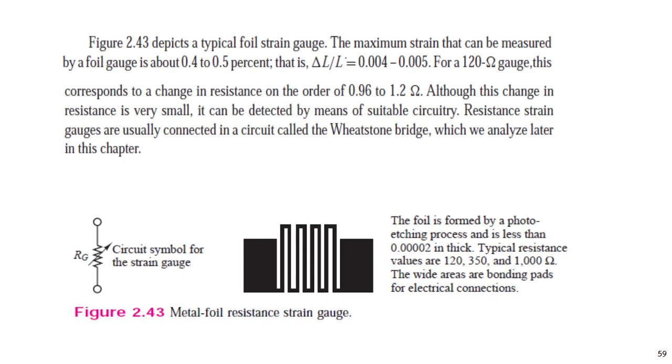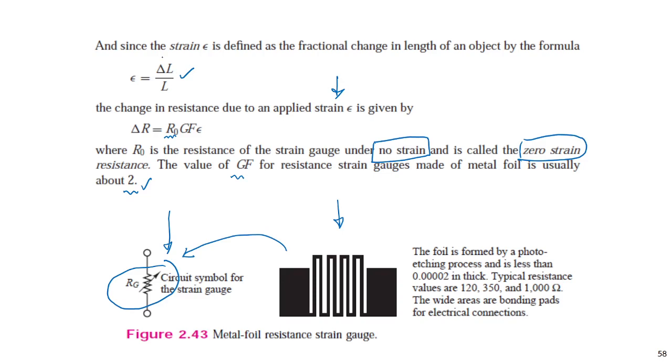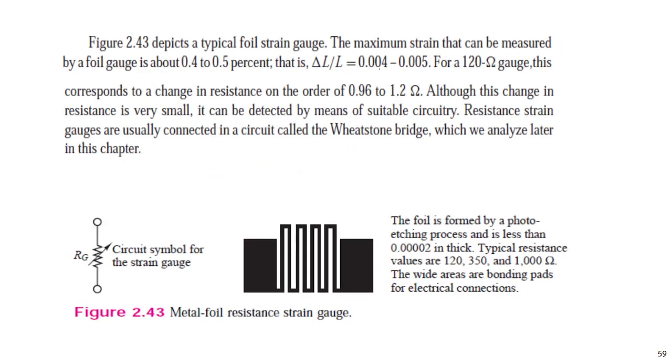And the epsilon, or delta L by L, is about this value for a 120 ohm gauge. It's just an example. You don't need to try to remember. Just an example of an actual practical device.